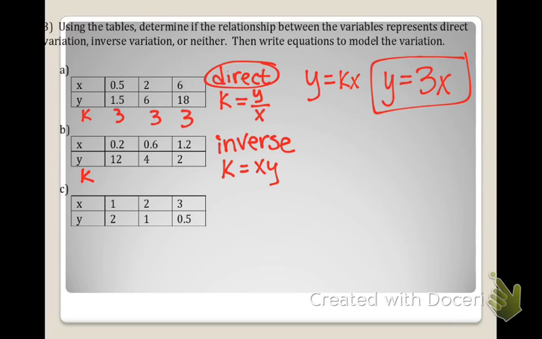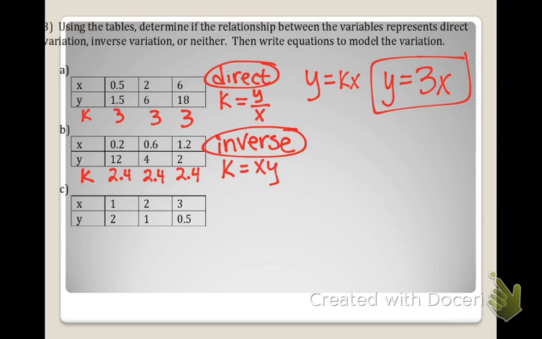So we're taking x times y on these. So if I take 0.2 times 12, what do I get? 2.4. What about 0.6 times 4? And 1.2 times 2 is also 2.4. So is it actually inverse? Yes, because our k was the same every time. So yes, it is inverse.